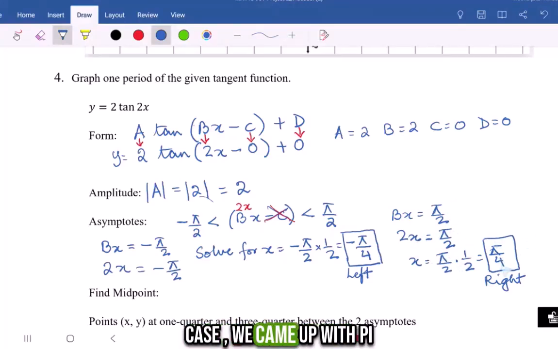In this case, we came up with pi over 4. Now, why did we cross out negative c? Because c has a value of 0. We really don't have anything after 2x. That's why we wrote it as bx equal to pi over 2 and bx equals negative pi over 2.